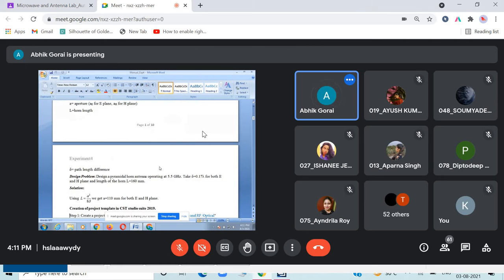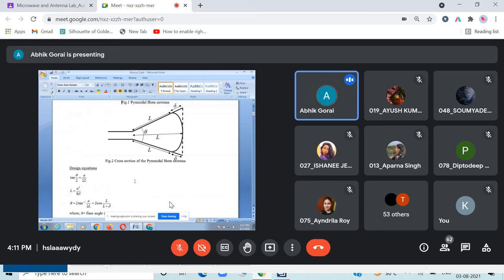Ask me. Okay, so the design problem of today's experiment is: design a pyramidal horn antenna operating at 5.5 gigahertz. Take delta equal to 0.17 and length of the horn L equal to 160 mm. So what are these parameters? Let me go to the top.